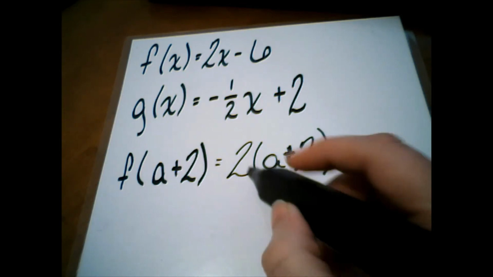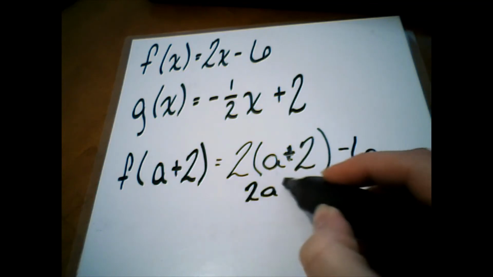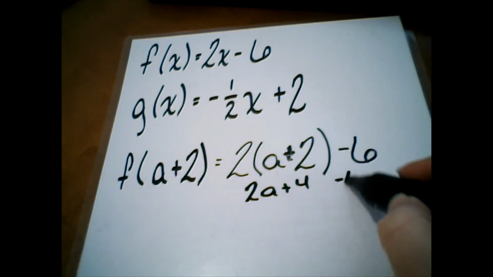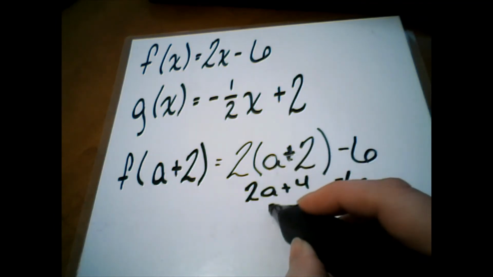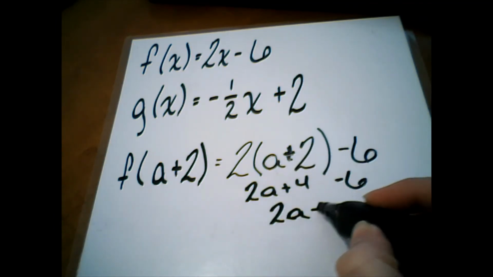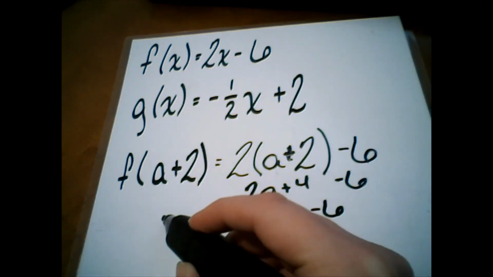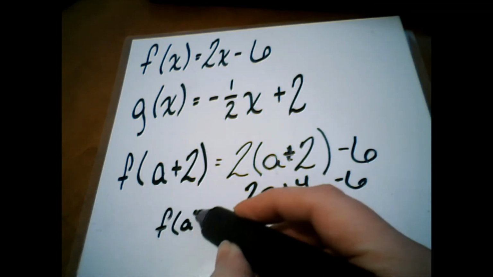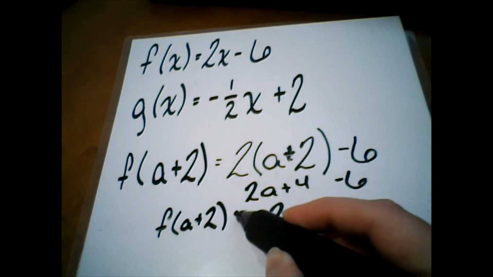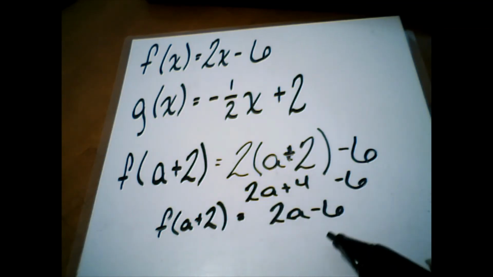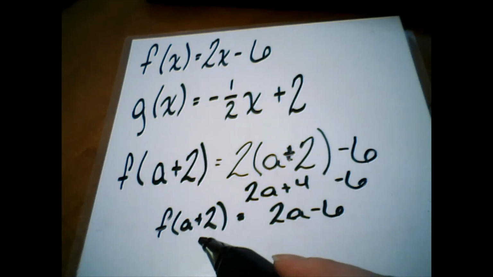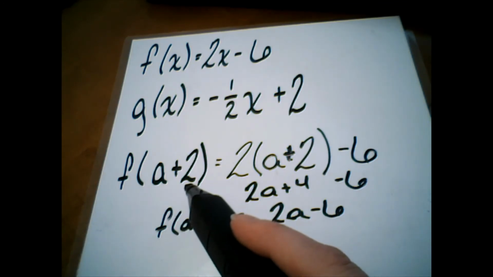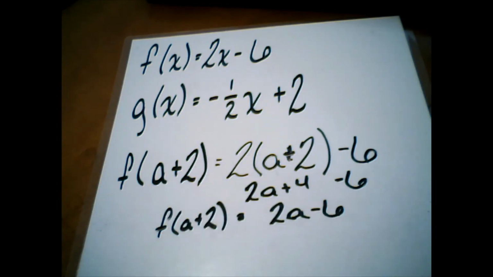And from here we can simplify. We have 2a plus 4 minus 6 because of the distributive property. And we can combine like terms and we get 2a minus 6. So f of a plus 2 is 2a minus 6. And we might see this sort of set up in a transformation of linear equations. This would be a transformation, a translation 2 units left.